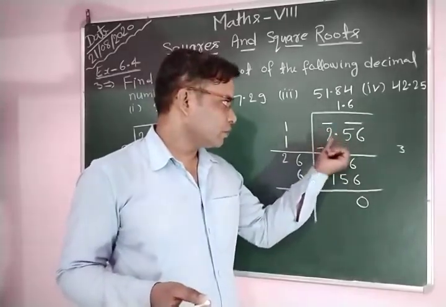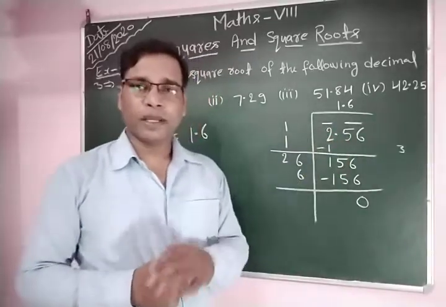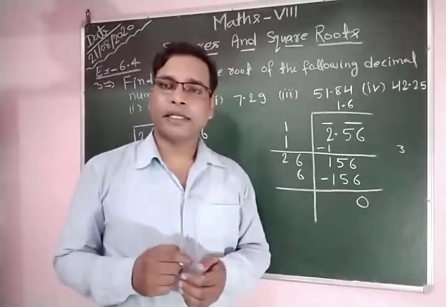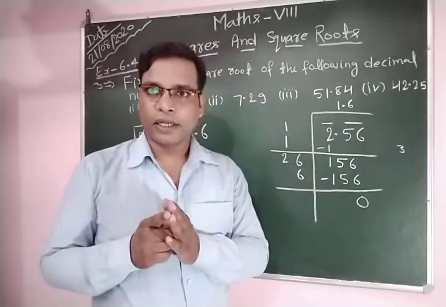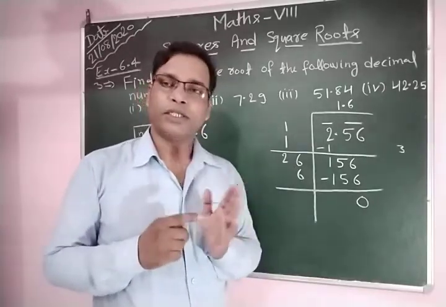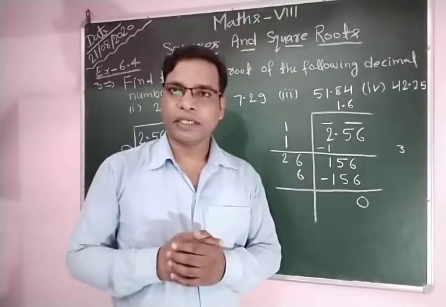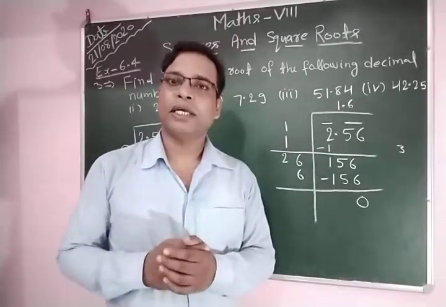So this is 2. We select a digit whose square is less than or equal to 2. So which number is that? We can say 1. The square of 1 is less than 2.